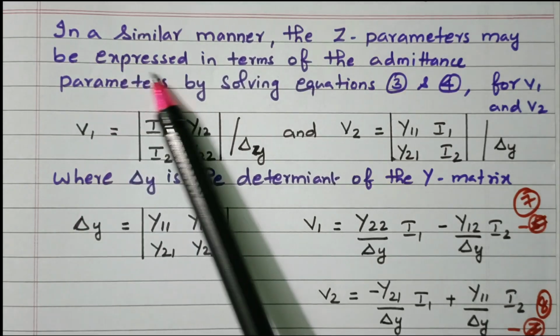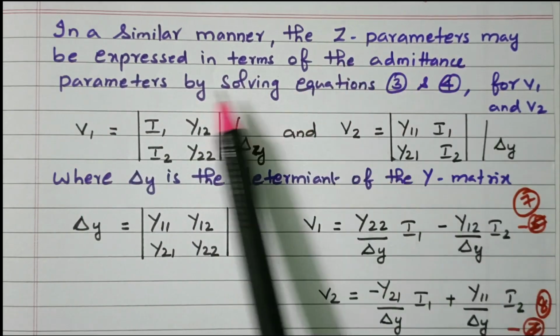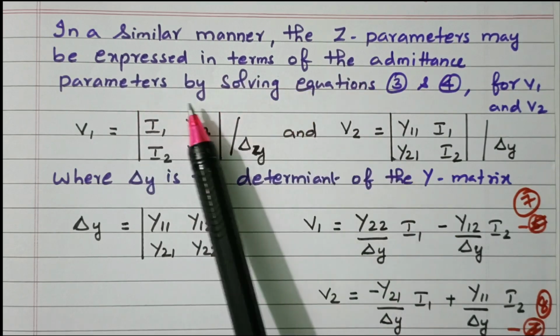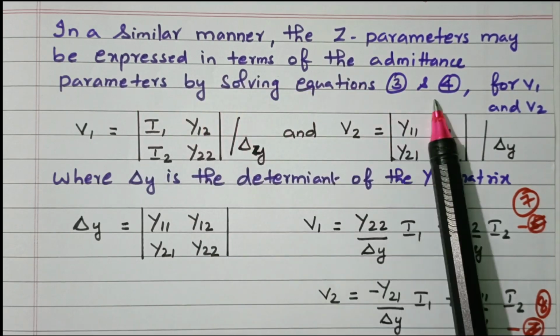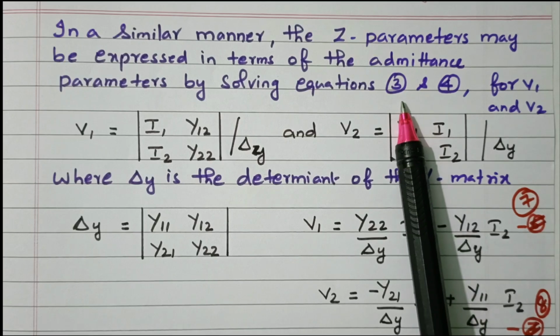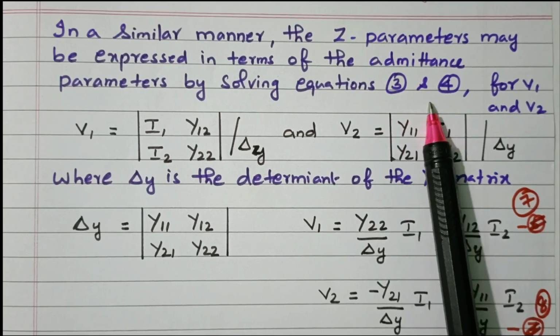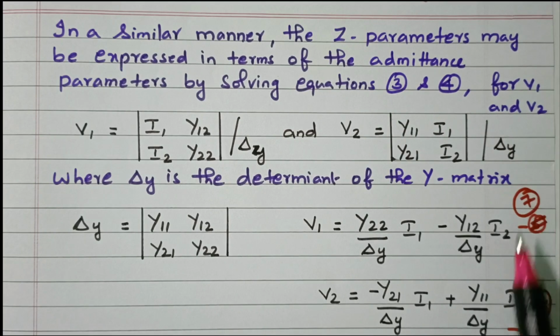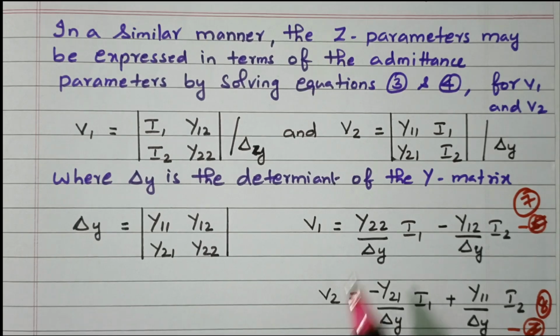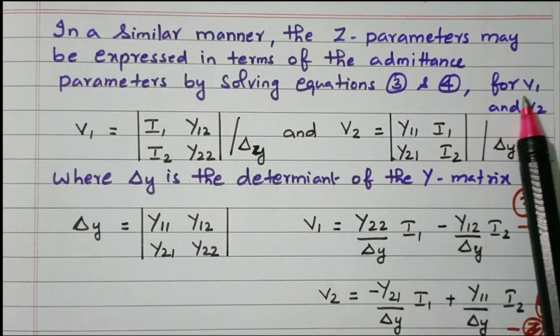In a similar manner, the Z parameter may be expressed in terms of the admittance parameter by solving equations 3 and 4. Earlier we solved equations 1 and 2 for current. Now we are solving equations 3 and 4 for voltages V1 and V2.